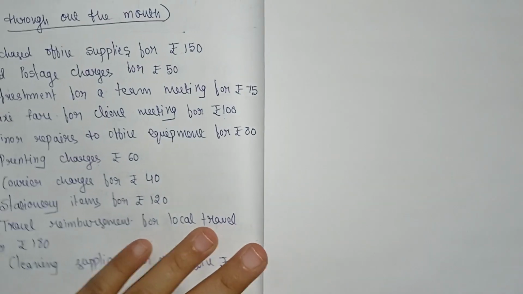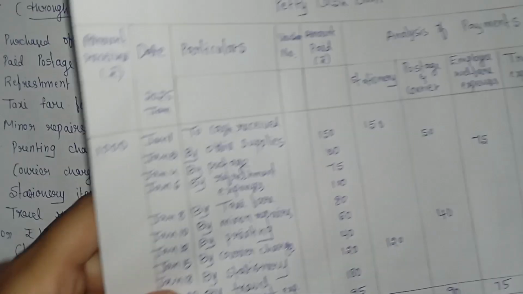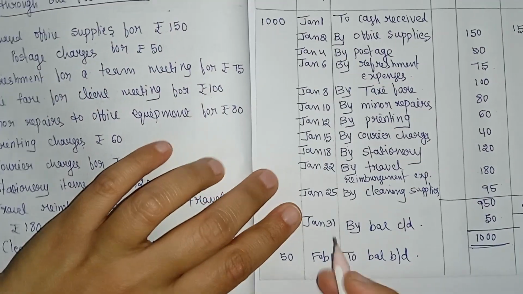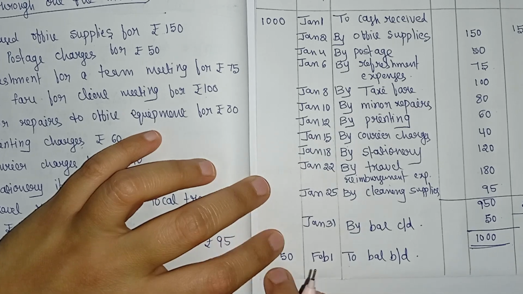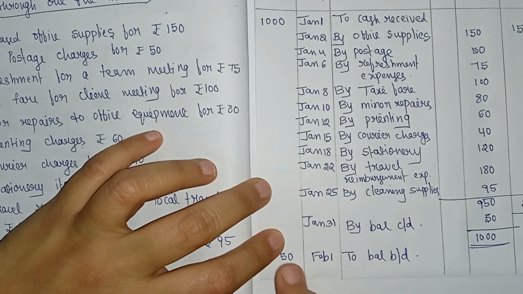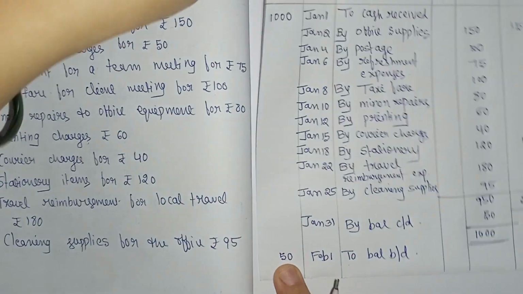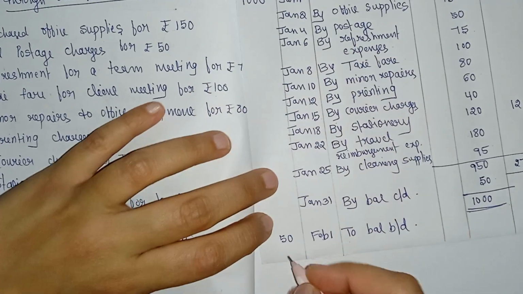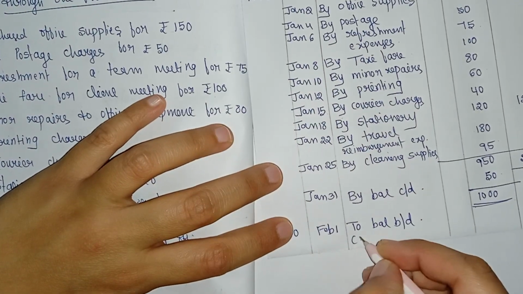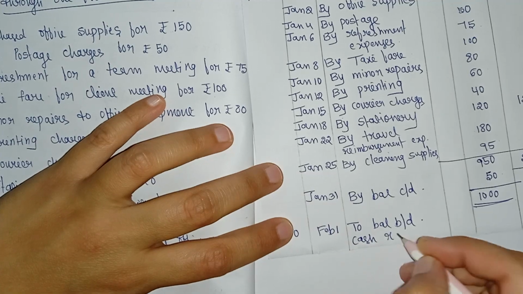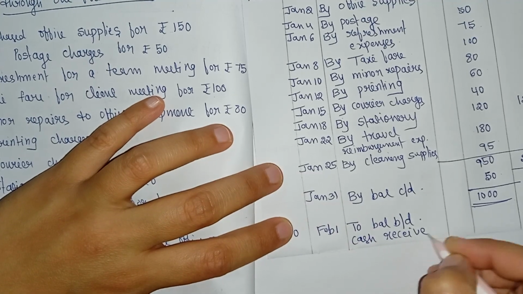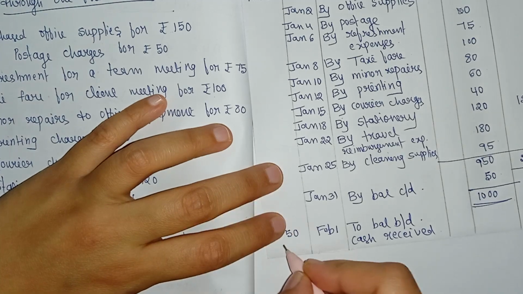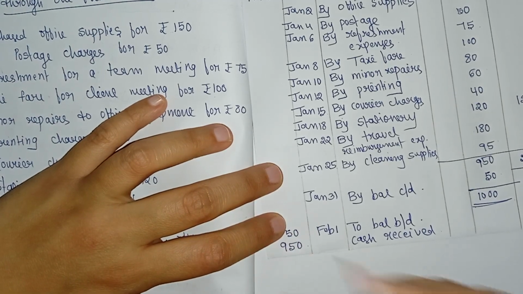Means here the total of petty cash book would be rupees 1000 only. Means the remaining cash balance in the petty cash book is rupees 50, plus rupees 950 cash received from the accounts department or by the company.